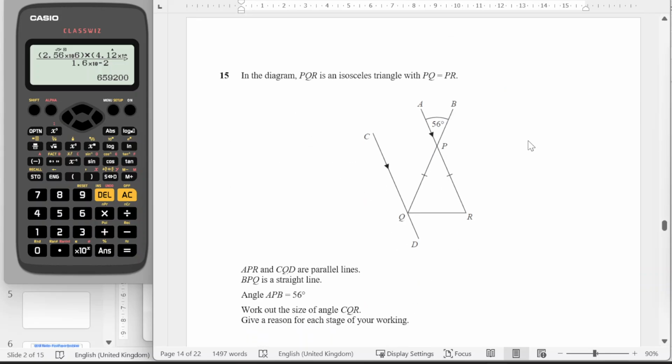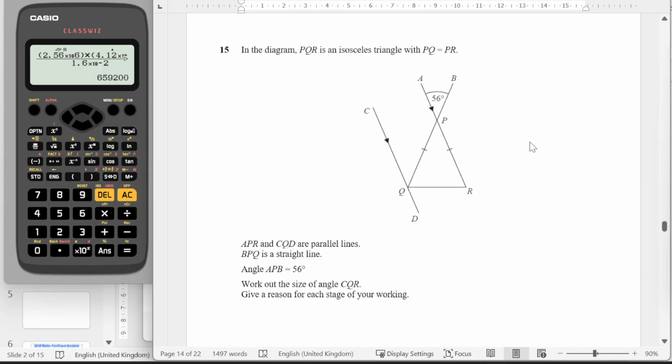Okay, question 15. Work out the size of angle CQR. So CQR, let's just put that on first of all. CQR, that's this angle here. Okay, that's not too bad.